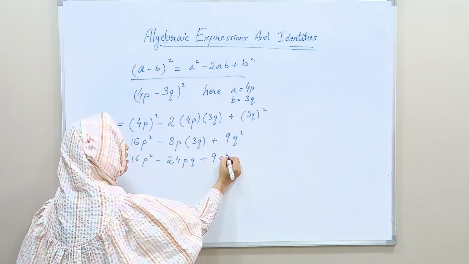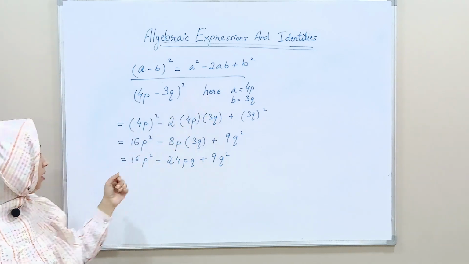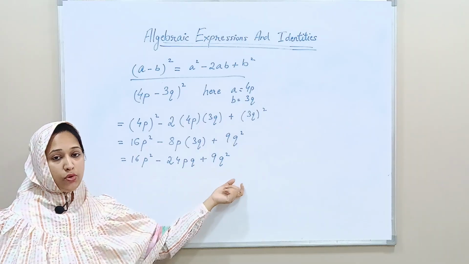So this is your final answer for the given expression (4p - 3q) whole square, that is 16p² - 24pq + 9q².